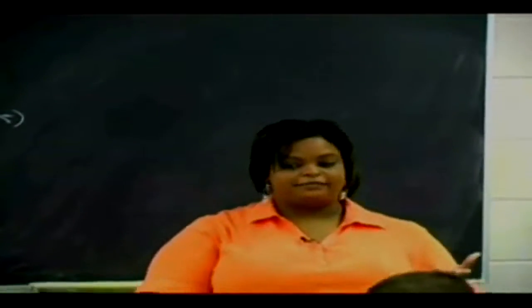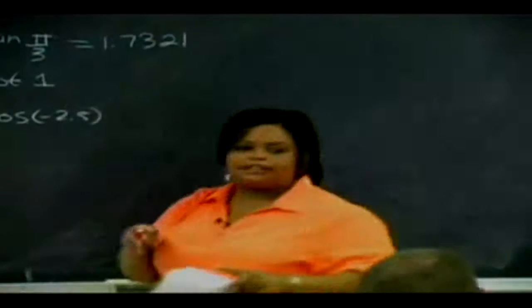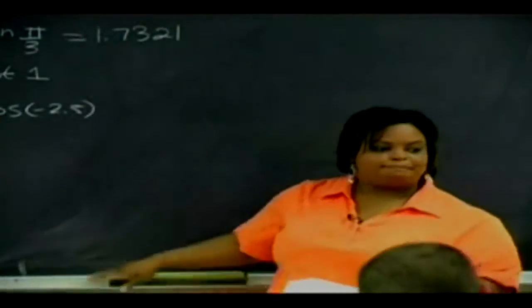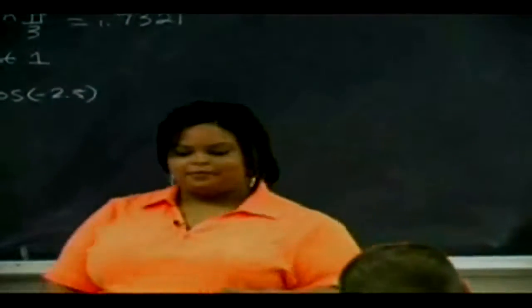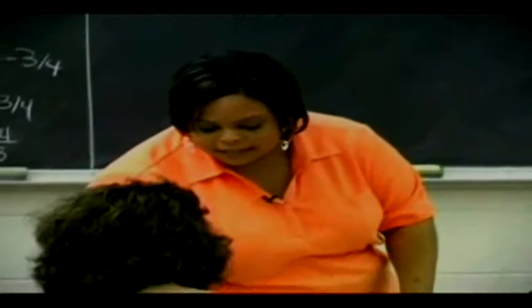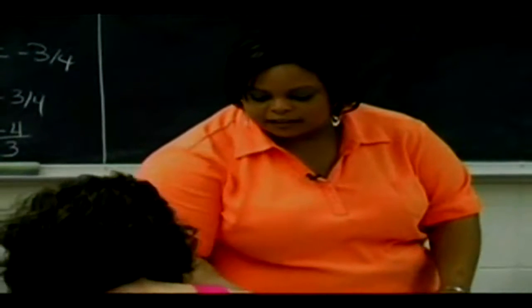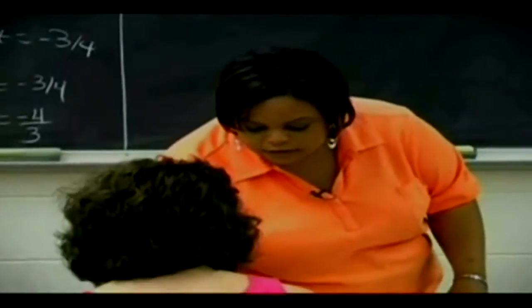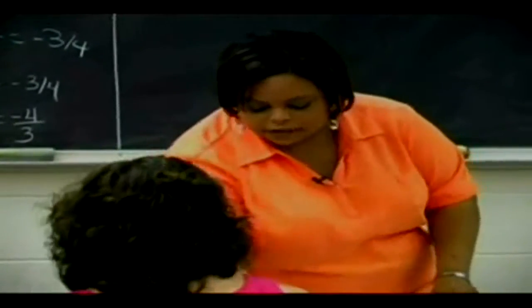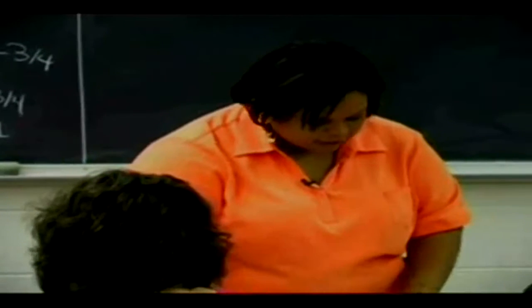Depends on your calculator. So, are we getting 1.7321 when we do that? Are we getting that? Nope. Let's see. Then you need to do pi divided by 3, and then close, equals. Maybe I wrote the wrong thing. Are y'all getting that?